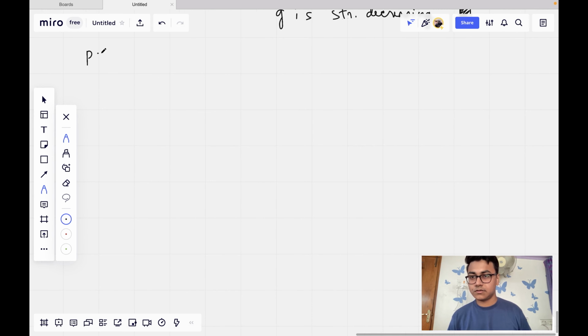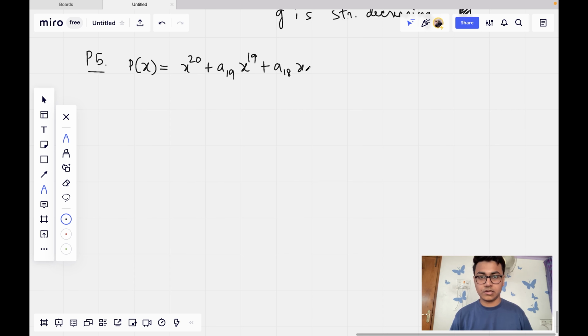So this is p5. We have the polynomial p of x equal to x to the power 20 plus a19 x to the power 19 plus a18 x to the power 18, so on and so forth till a1 x plus a0, where the a i's are real numbers.